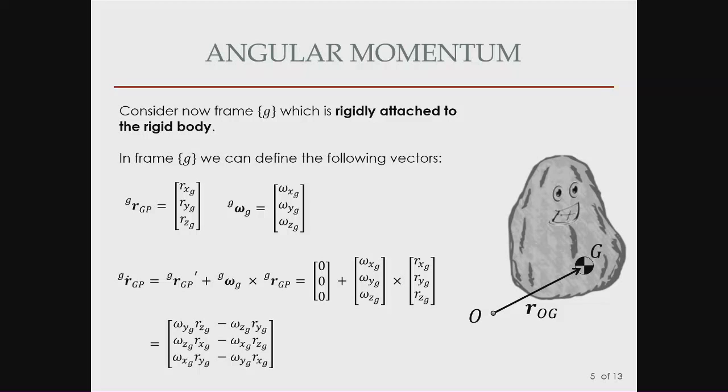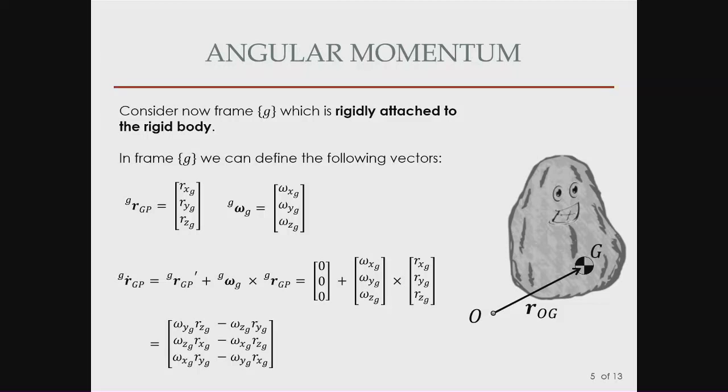Due to the potential rotation of the rigid body, this vector moves. This is the velocity of point P relative to G, and these are the 3 xyz components of this vector in the green frame G.